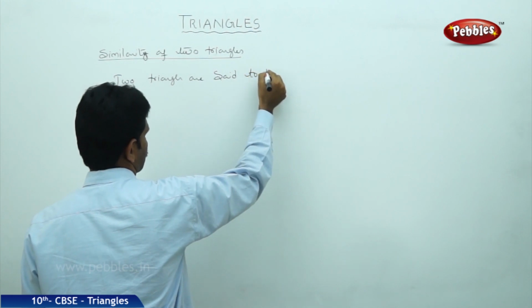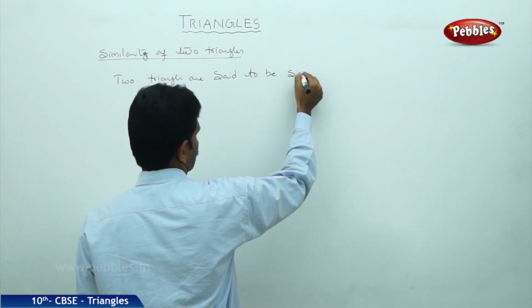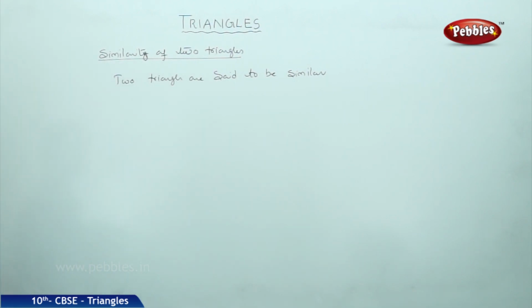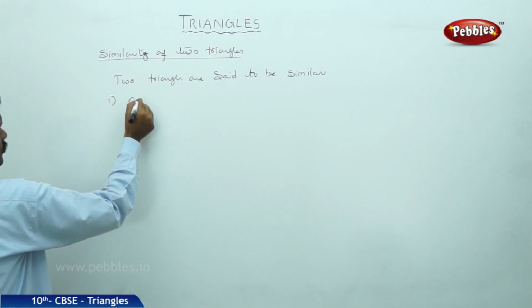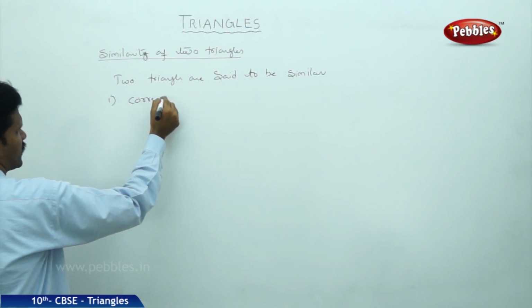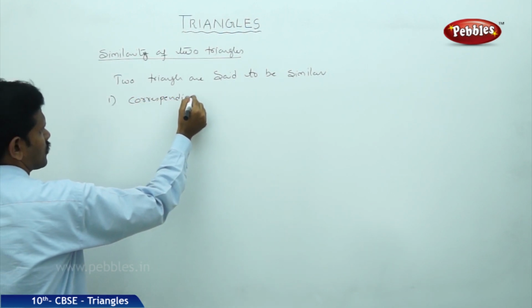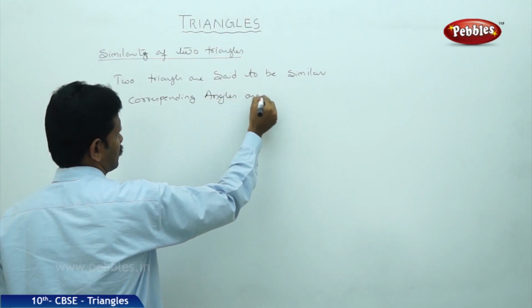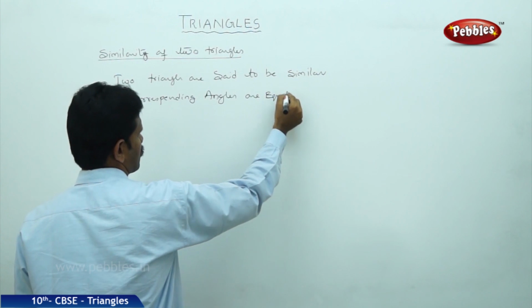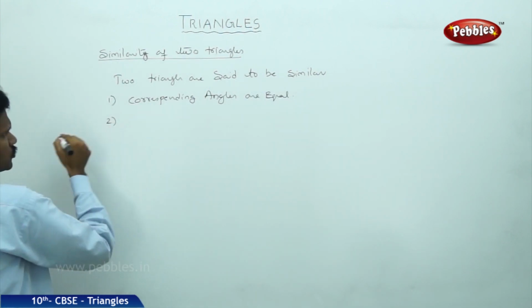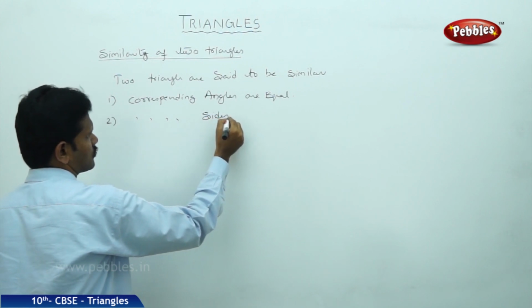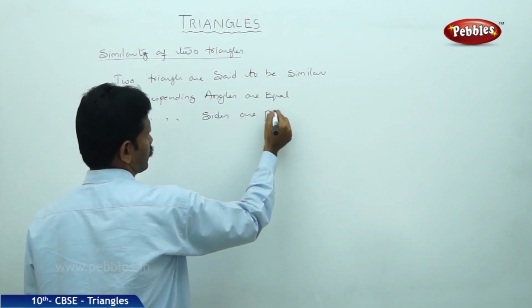Two triangles are said to be similar. Condition number 1, corresponding angles are equal. And condition number 2, corresponding sides are proportional.